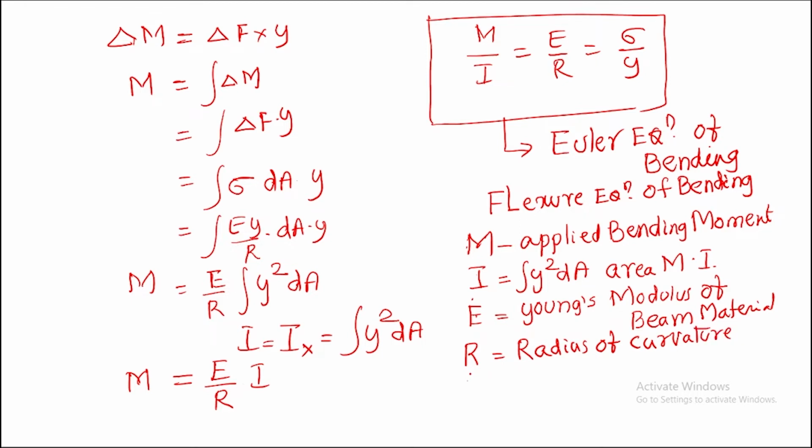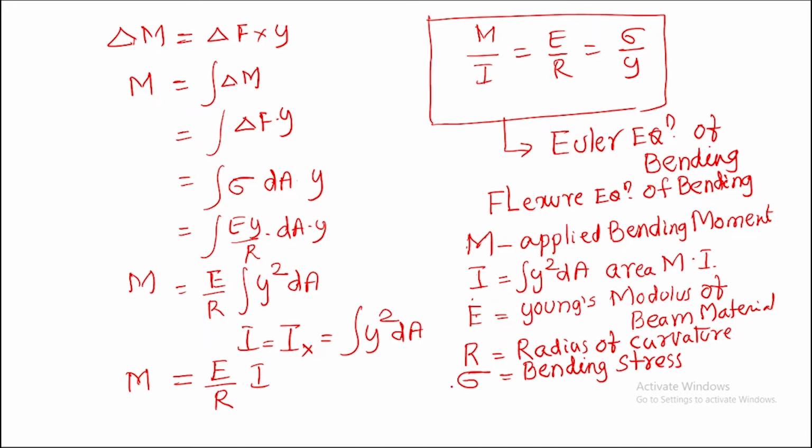Then sigma is the bending stress, which will act perpendicular to the cross section. Because suppose this is the beam, when we apply a moment like this, the top layer will be under stretching. That means this cross section will rotate like this. If this is rotating, it means some imaginary force is acting normal to the cross section, which will produce the stress.